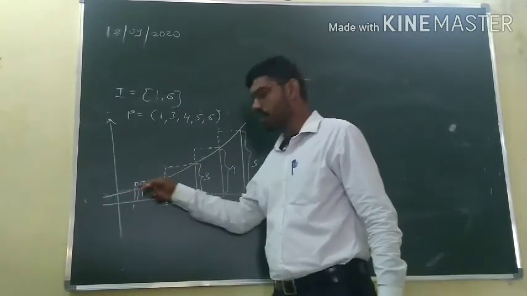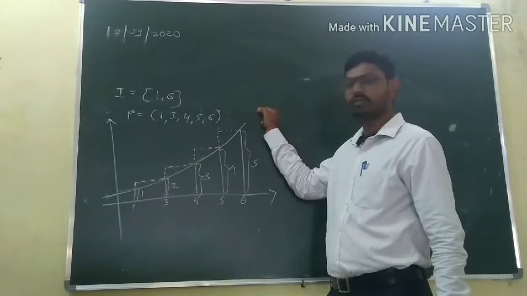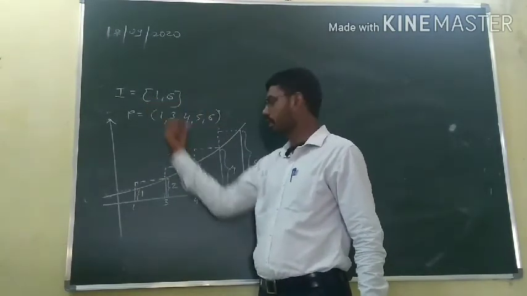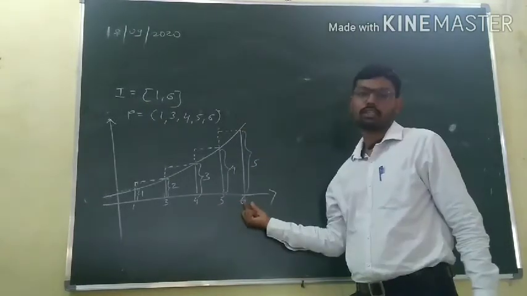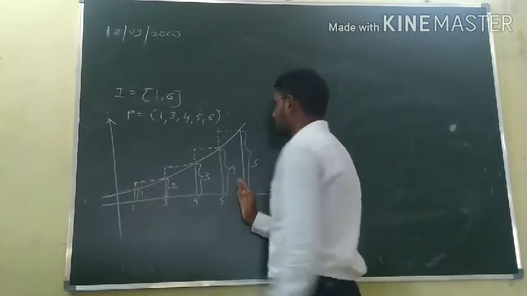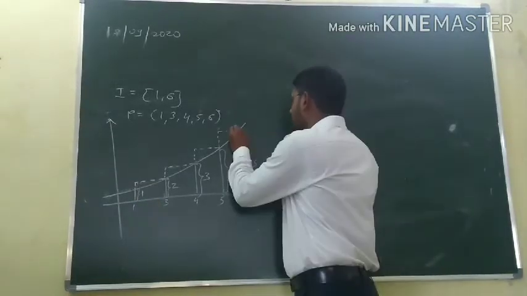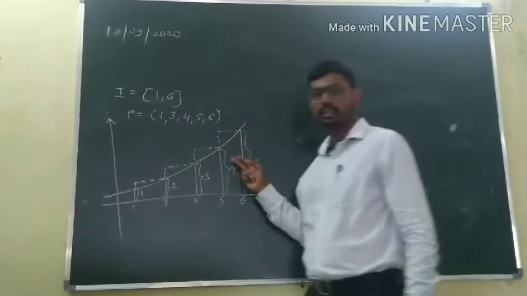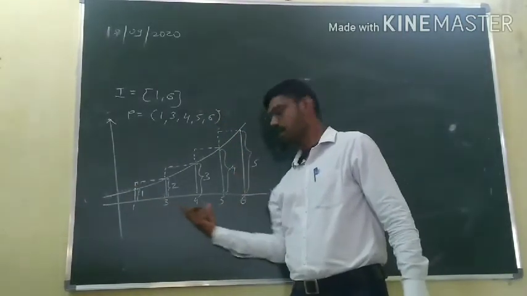That is, we have been given an increasing function and a closed bounded interval from 1 to 6. So we have to focus only on this interval. This is the graph of the function in the interval 1 to 6.